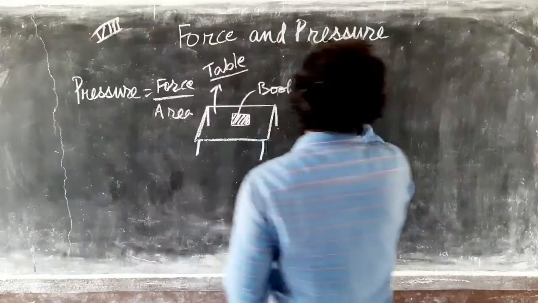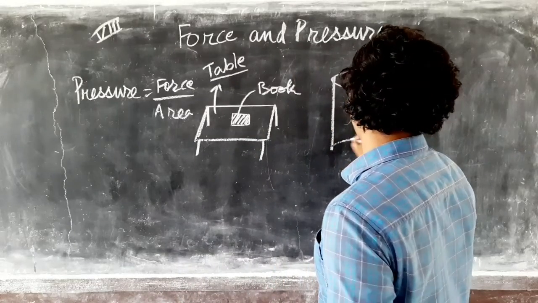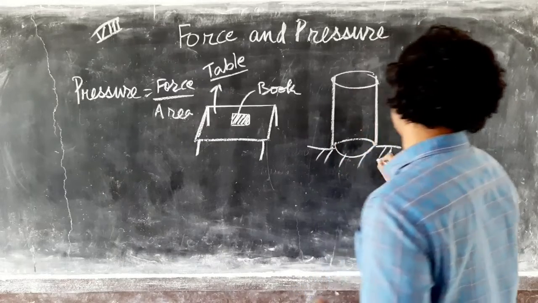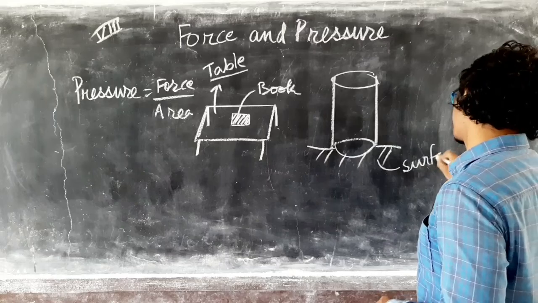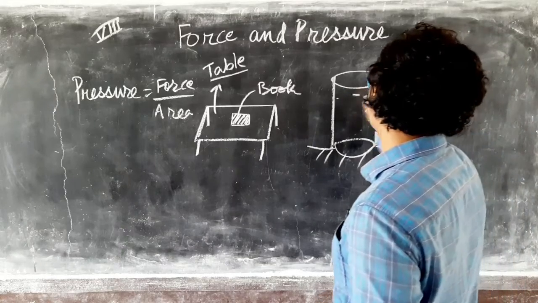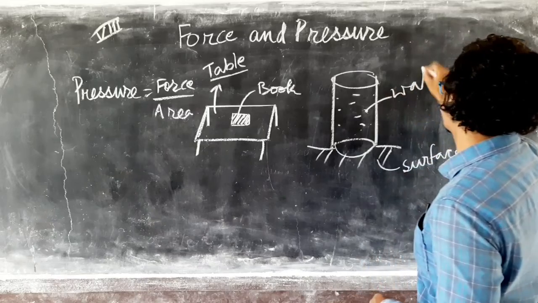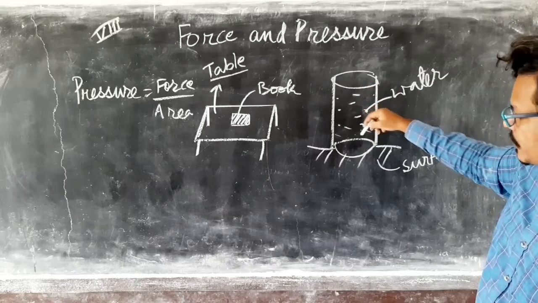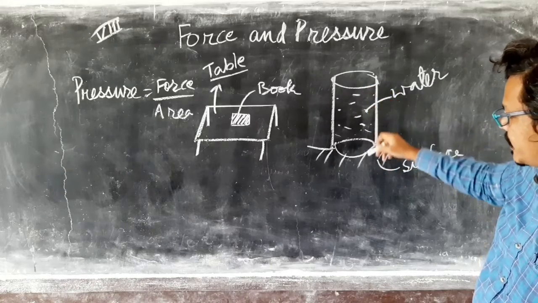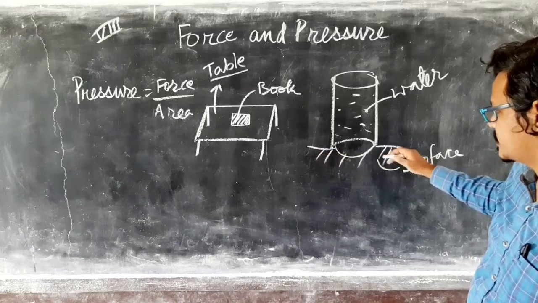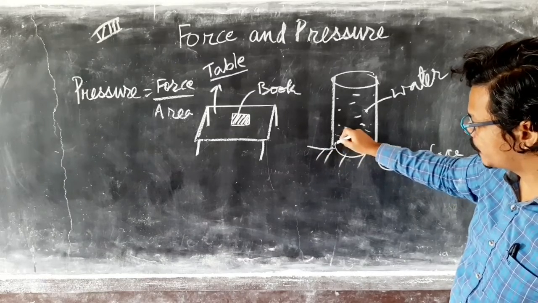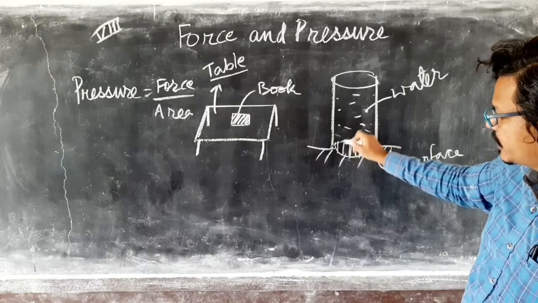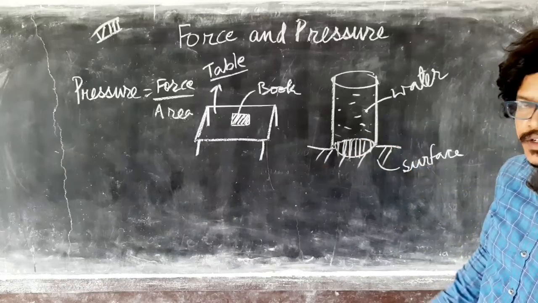Now if this is some container filled with water and kept on this surface, some table, and this is the container, and here some water is present. This container will apply force to this surface, and if we divide that force by this area, then we will get the pressure.